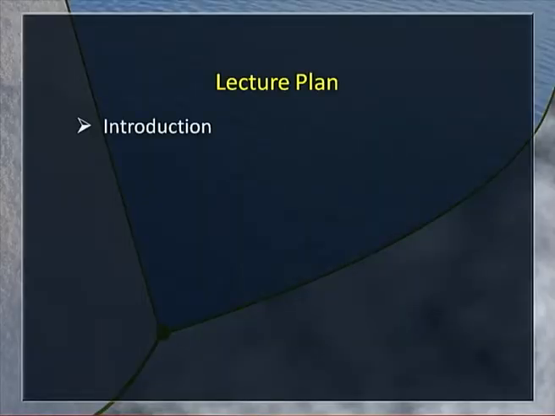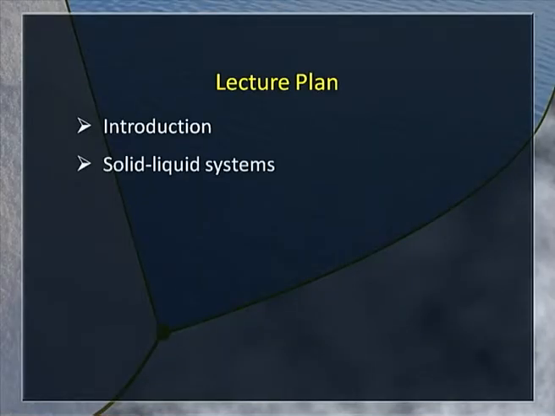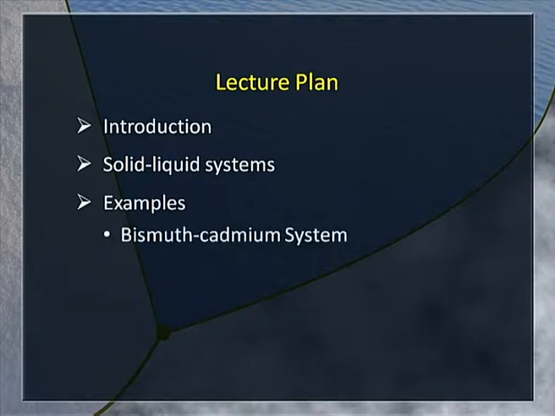We will continue our discussion about these systems in today's lecture, and we start with the introduction, solid liquid systems, and then discuss some examples of such systems. Mainly the examples that we have taken up for discussion are the bismuth cadmium system and the lead silver system.